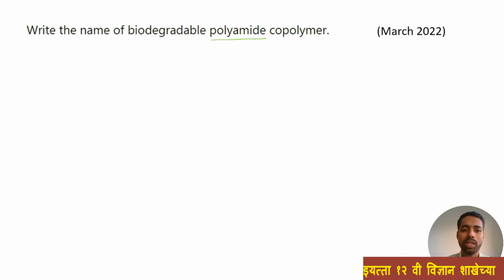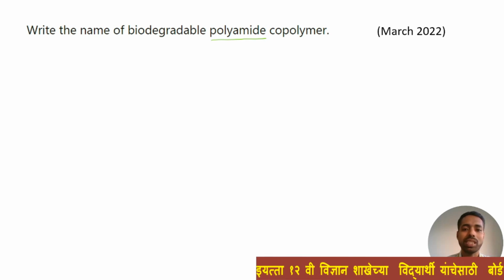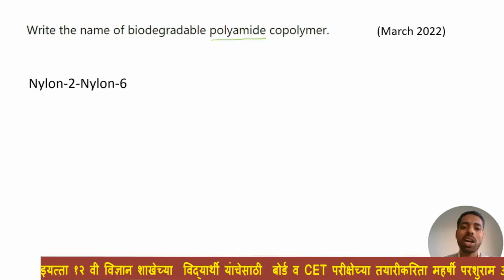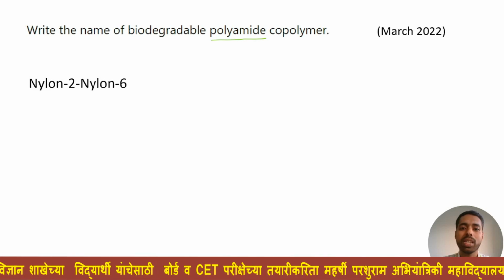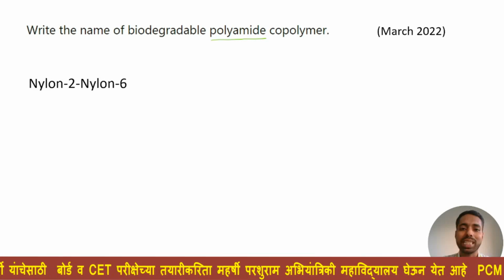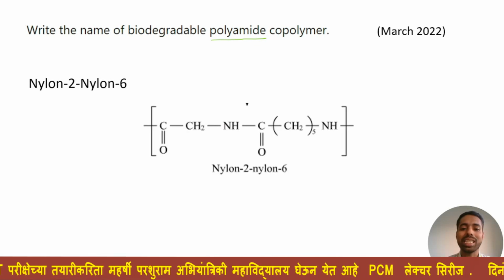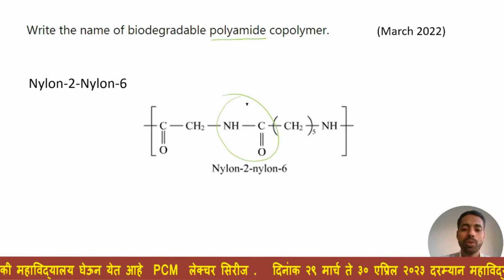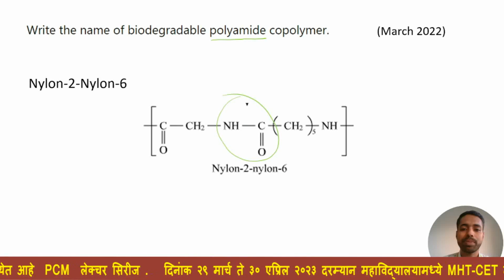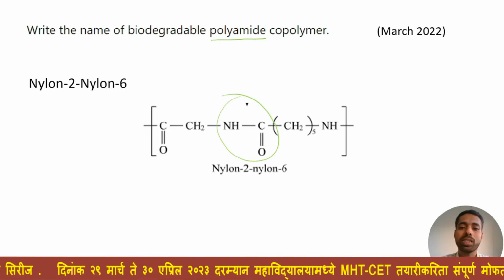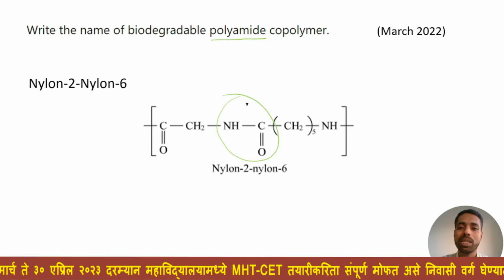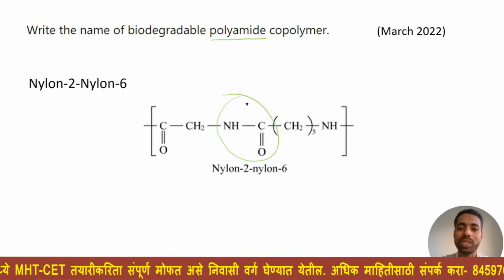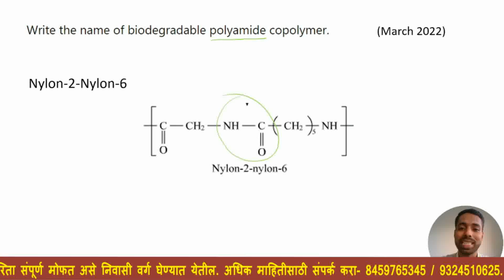So the answer, if you remember, is nylon 2 nylon 6, the biodegradable copolymer which also contains polyamide linkage in its structure. Amide, that is the CONH group, you can see in the structure. There is one more polymer which is biodegradable, that is PHBV in your syllabus, but it doesn't contain polyamide linkage. Remember this.